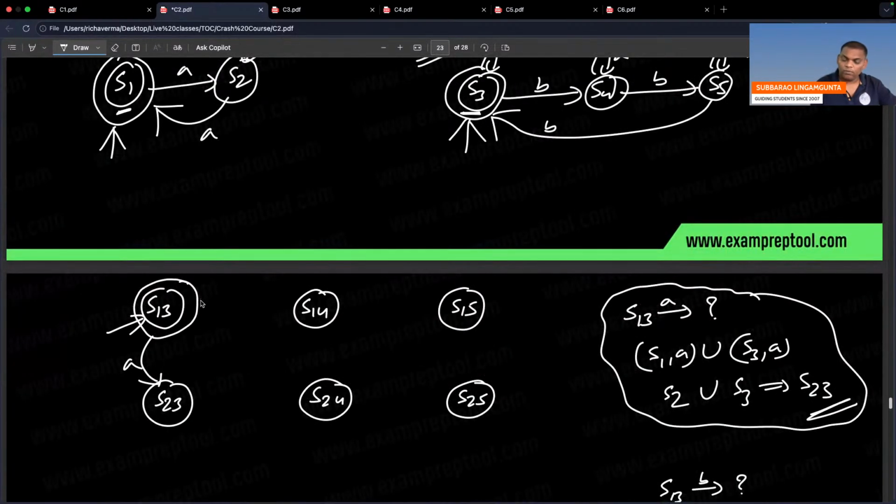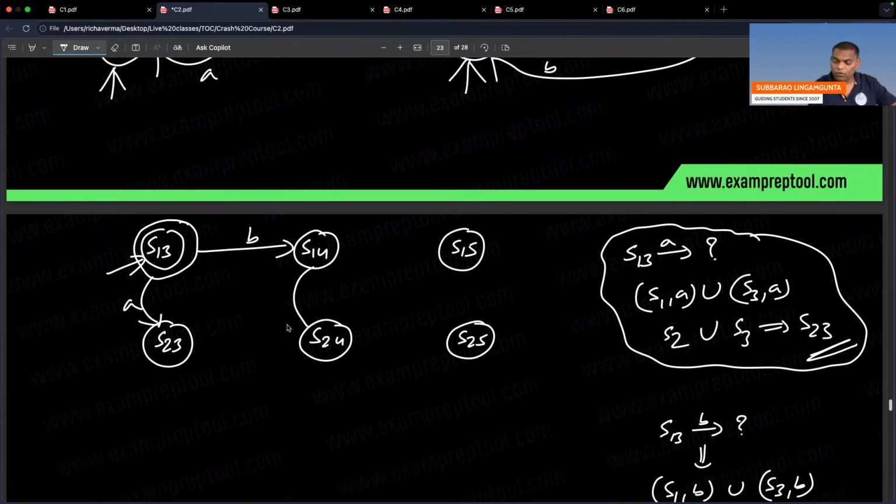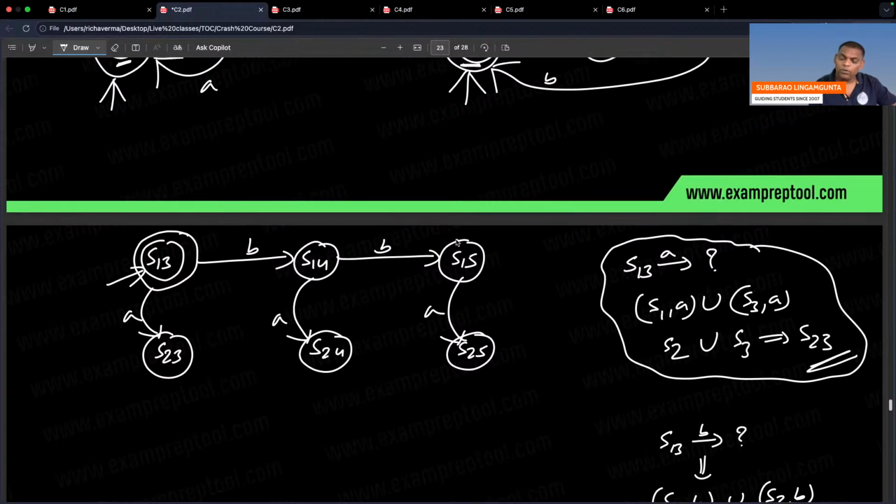In the same way, verify S14 on A and B here. You may go here and just verify one time. Same way, A, B, I have done it many times.